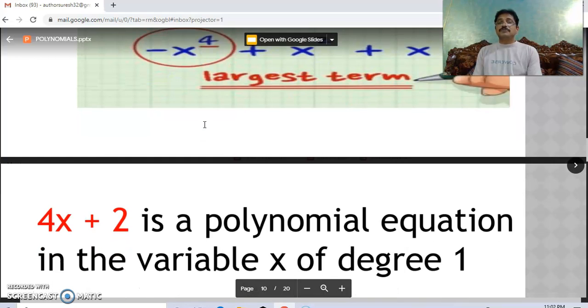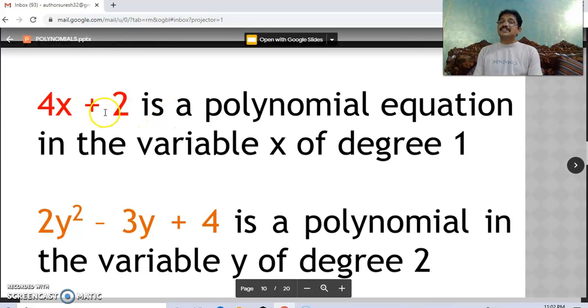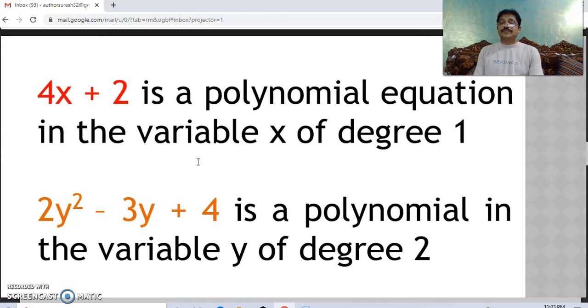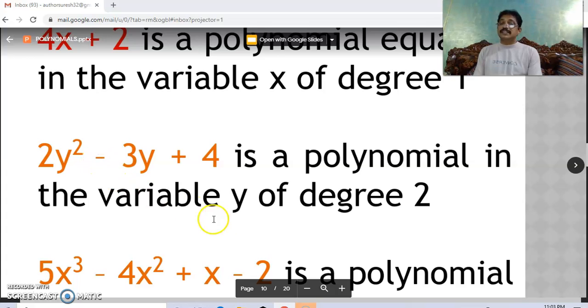Now observe a few more. 4x plus 2. This is a polynomial equation in the variable x of degree 1. Here the power of x is 1. So it's a polynomial of degree 1. Now consider one more, 2y square minus 3y plus 4 is a polynomial. In this, y is the variable here, and the highest power is 2. So the degree is 2.